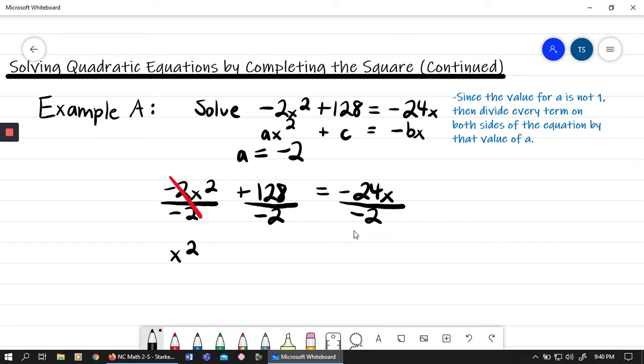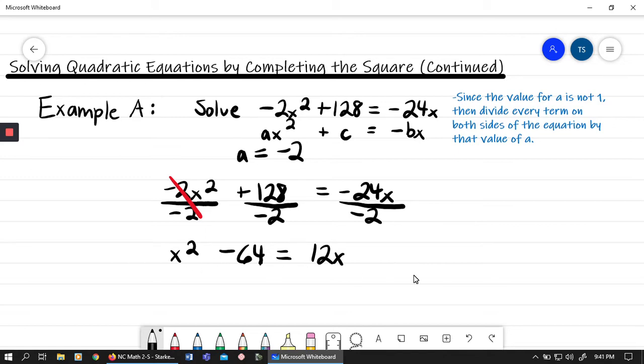Going in order from left to right, 128 divided by negative 2 is negative 64. And negative 24 divided by negative 2 gives you positive 12, so that's still 12x there. So we have divided each term by A, and now in this new equation our A value is 1.